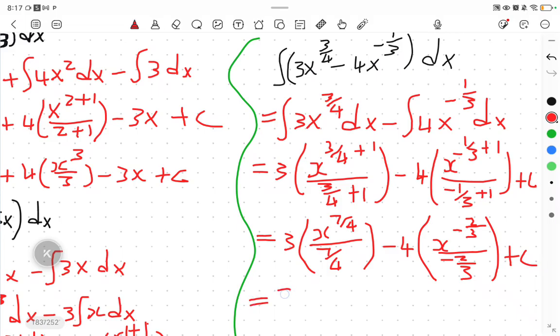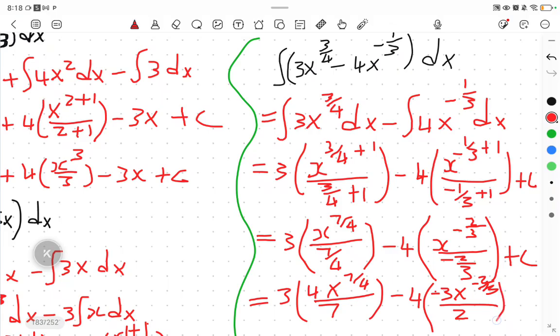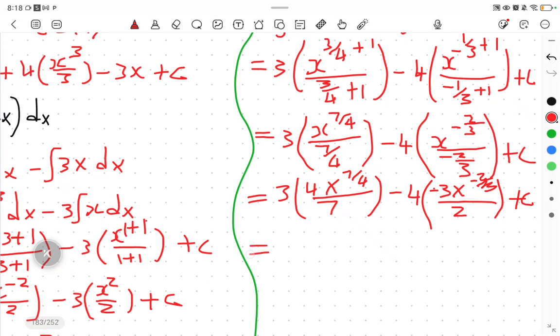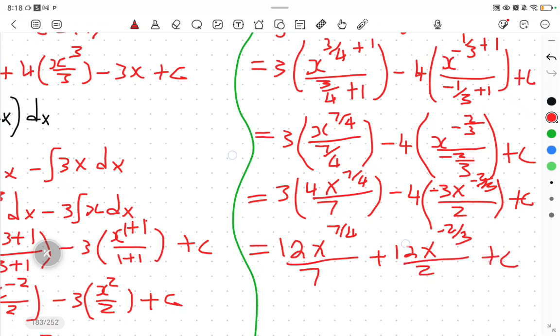And then this would be 3 over 7 times 4x to the 7 over 4, then that will be the solution, right?